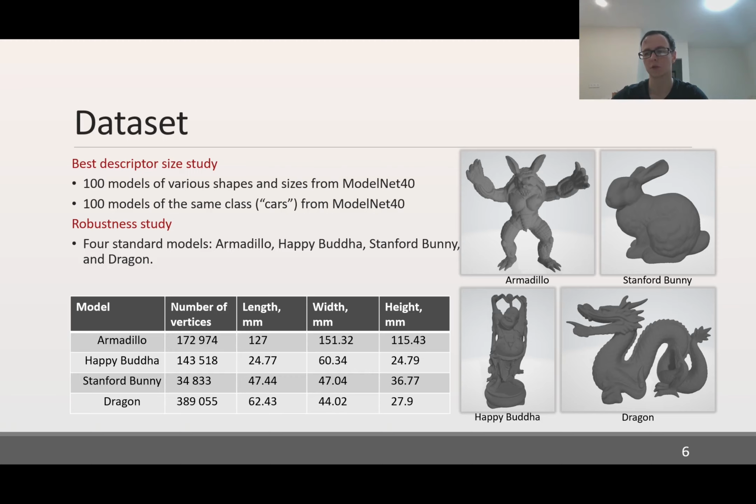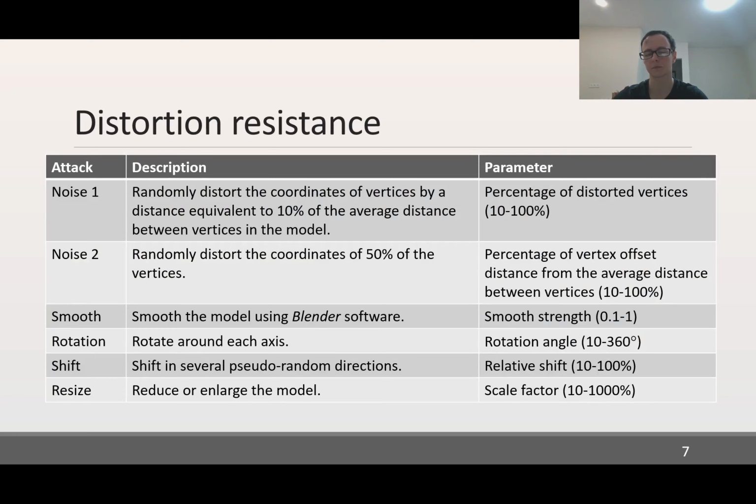The parameters of these models are presented in the table. To investigate the watermark robustness, we selected two types of vertex coordinate change attacks, including noise and model smoothing, and three geometric attacks, including rotation, shift, and resize. All these attacks were performed with different parameters as listed in the table.